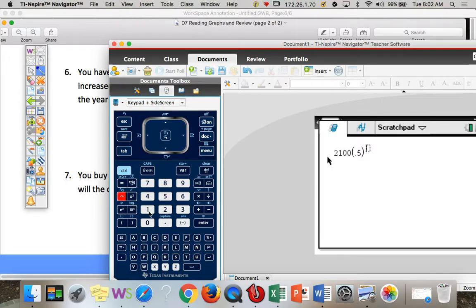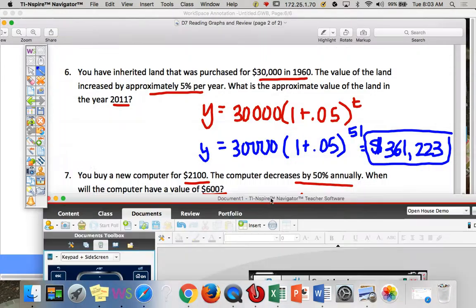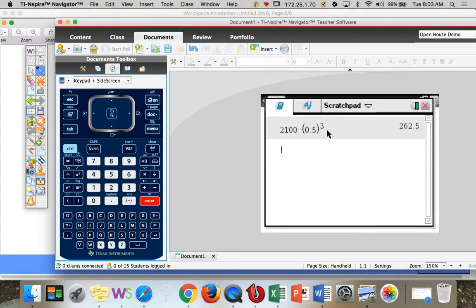And I'm going to guess the number of years. Try 3 years first, just to see how close I get. Again, I want it to be 600. So 3 years is too much. So I have to go less than 3 years. I'll try 1.5 years. Oh, it's close to 1.5.